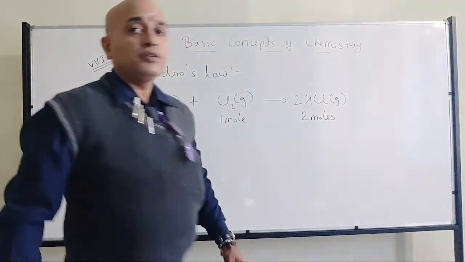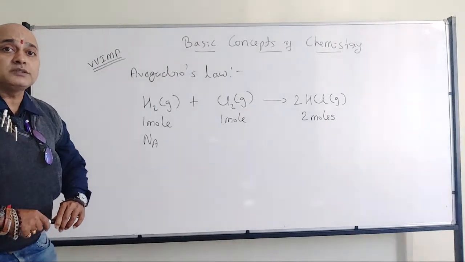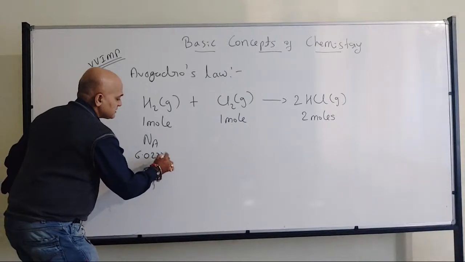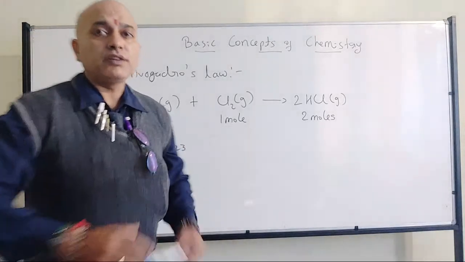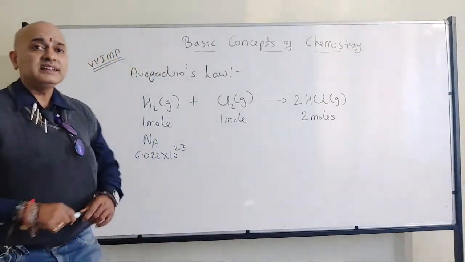Fine? So Avogadro's number of hydrogen molecules will be there. That means, as you people have written, 10 to the power of 23. So that's where we will be having the number.